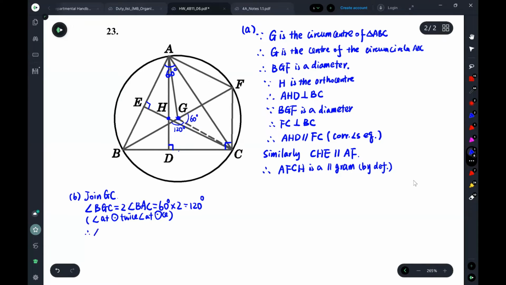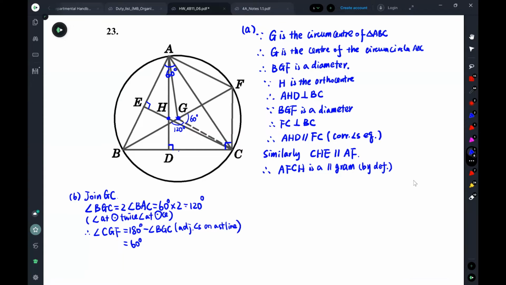Therefore, angle CGF equals 180 minus angle BGC, which equals 60 degrees, adjacent angles on a straight line. Okay, now I find out that since this is 60, this is also an isosceles triangle, do you see? Now GF equals GC.